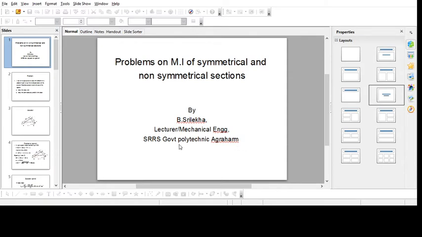So the base section is a rectangle of length 120 and height 20. Similarly, there is one more rectangle of length 90 and width 10. Now in between, how can we take?